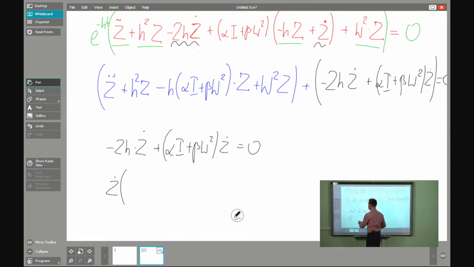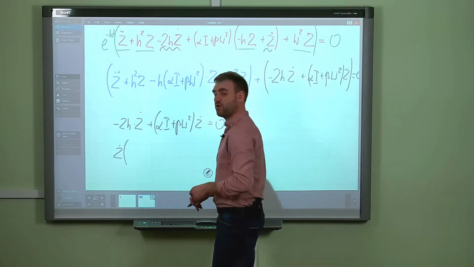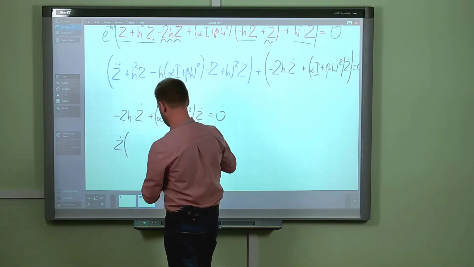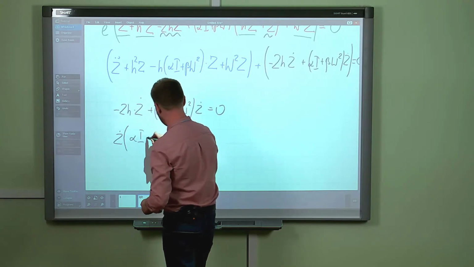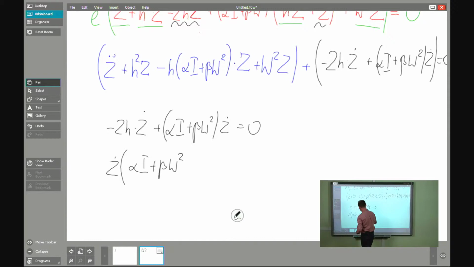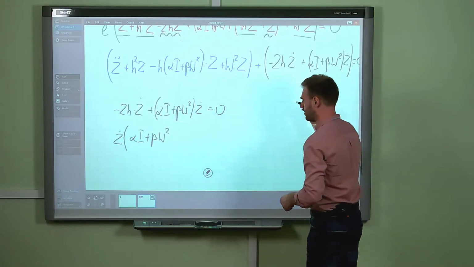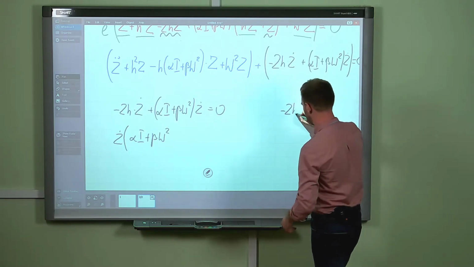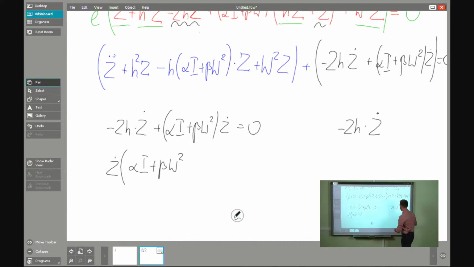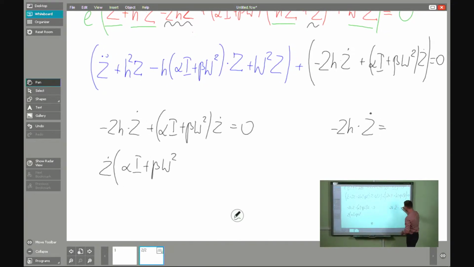We know that the z dot cannot be 0 for all values of t. And here we have the alpha I plus beta w squared, and we have to take into account the fact that we are taking the common factor. Remember that if we have such an expression, I mean some scalar thing like our minus 2h in the product with z dot, we can express such a thing exactly as minus 2h times unit matrix times z dot.